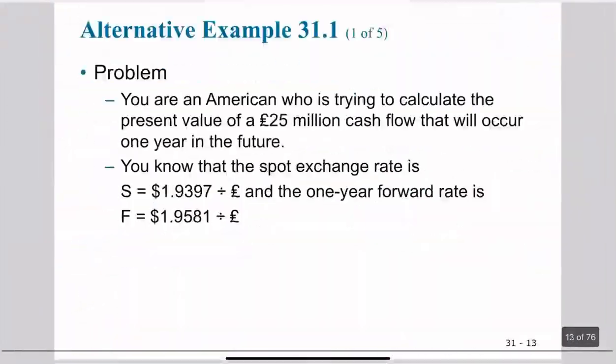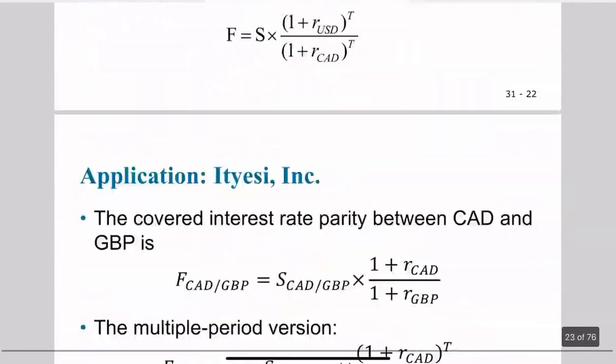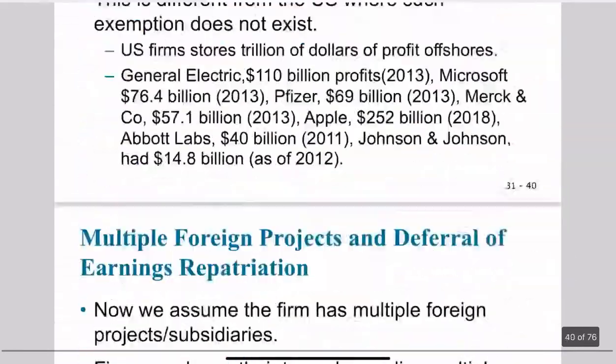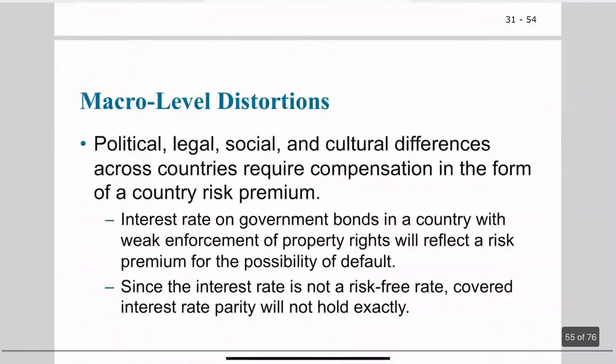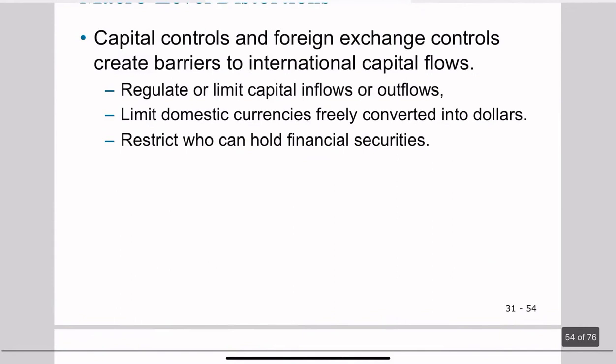Okay, let me go to this page. Okay, so these controls, they are there to regulate or limit capital inflows or outflows. This is very true. Say in Canada, right? If you want to exchange CAD to USD, then it's pretty easy, and I don't think there is some limitation.